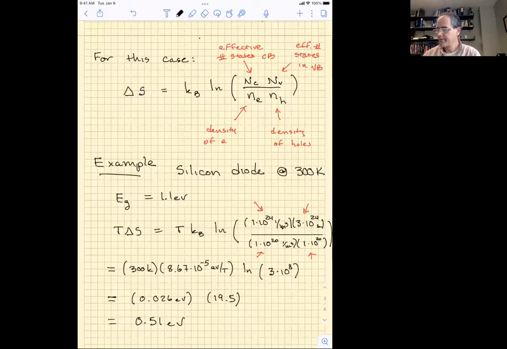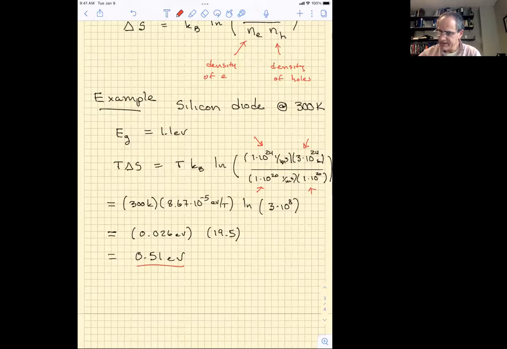Okay? So what we're saying is that when an electron goes around the circuit to the other side of the junction, so that in aggregate we end up introducing a hole on the P side and an electron on the N side, that 0.51 electron volts of thermal energy will leak into the device from the outside environment because we've increased the entropy.